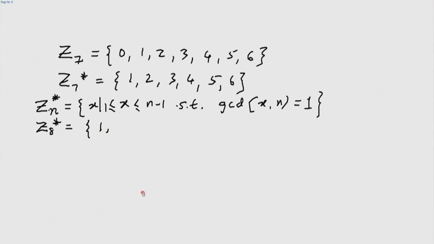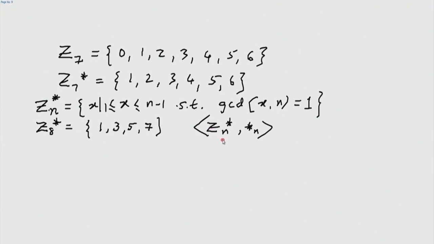I can't put 2 over there because the GCD has to be 1. So choose all the numbers between 1 and 7 that are relatively prime to 8. So 2 is not relatively prime, 3 is, 4 is not, 5 is, 6 is not, 7 is. So these are the elements 1, 3, 5 and 7. So this also forms a group. It doesn't have to be prime.